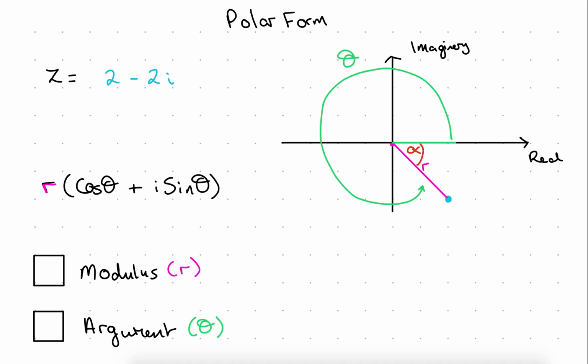And what I can see is that actually this makes a triangle here. So if I was to draw down, I've got a distance of 2 in this direction going across here. So if I draw out to that blue line, I've got a distance of 2 across there, and I'm looking for r.